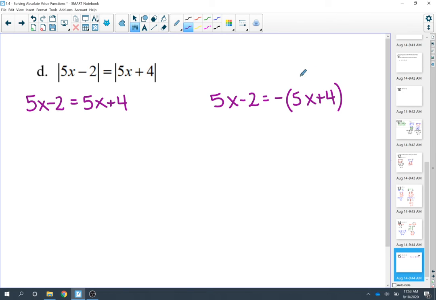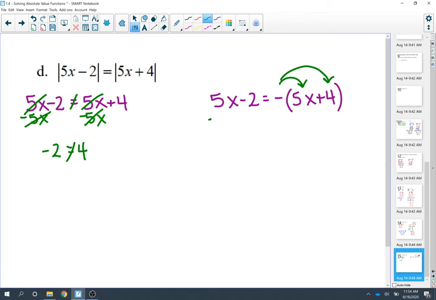And remember, use those parentheses. On my first one, I'm going to subtract 5x. 5x cancels, 5x cancels. That's going to leave me with negative 2 equals 4. Okay, guys, does negative 2 equal 4? No, that's weird. So, nope. Right now, no solution. Okay, let's try again.